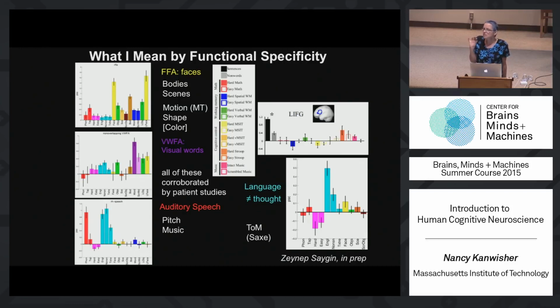And each of these, to varying degrees, but to some appreciable degree, have corroborating evidence from patients who have that specific deficit. So that shows that each of these is likely to be not only activated during, but causally involved in its mental function.